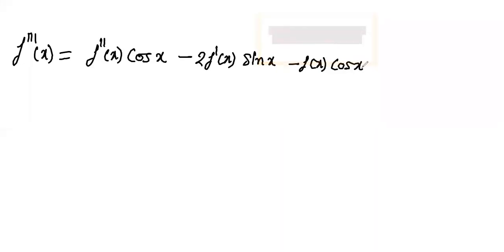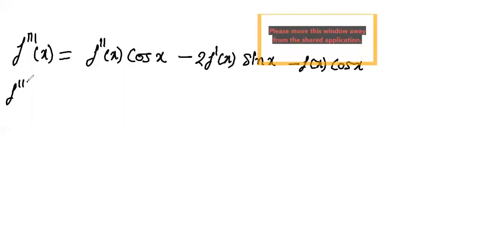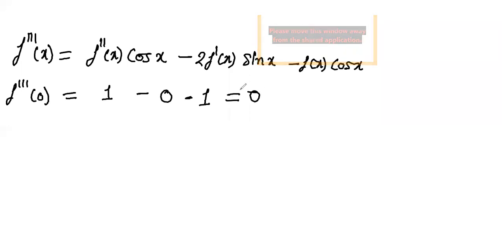Please check, am I correct? So f triple dash 0 will be, this will be 1, this is minus, this will be 0 because sin 0 is there. Sin 0 will be 0 and this is again 1. So it will be 0. Okay.